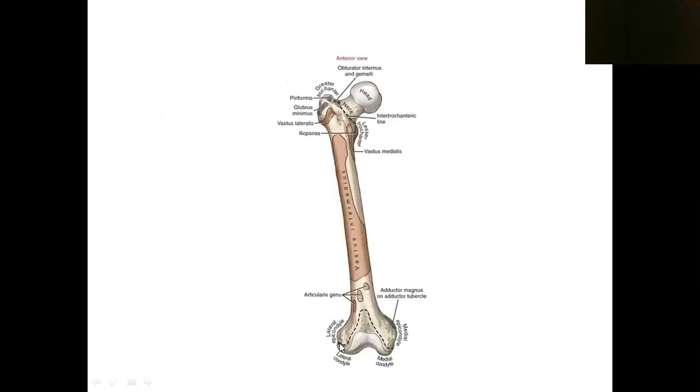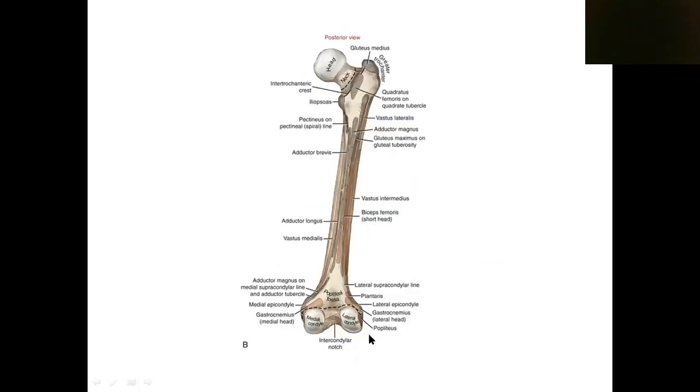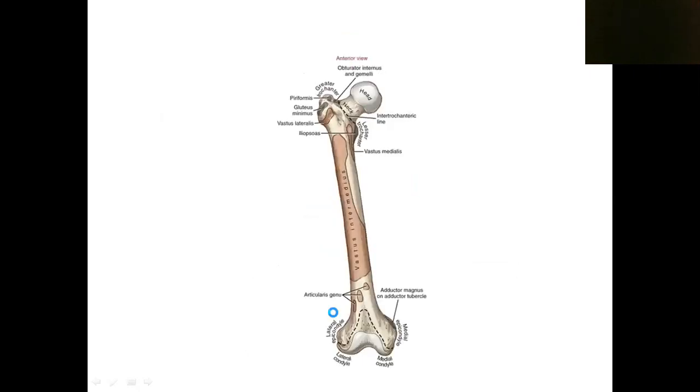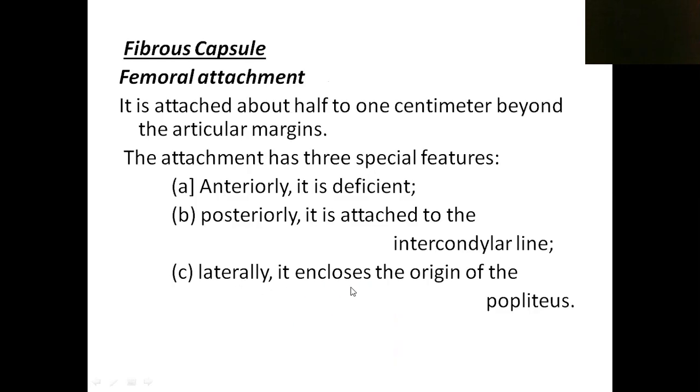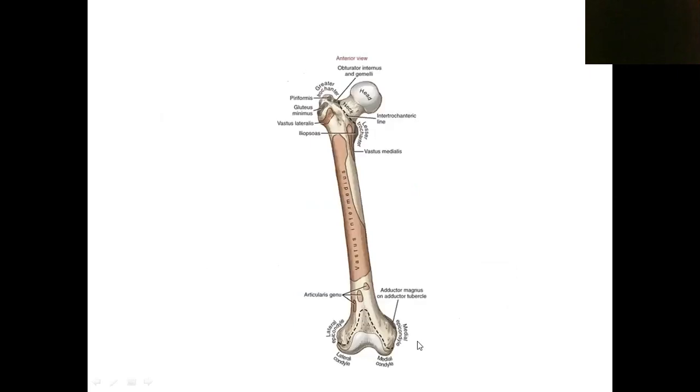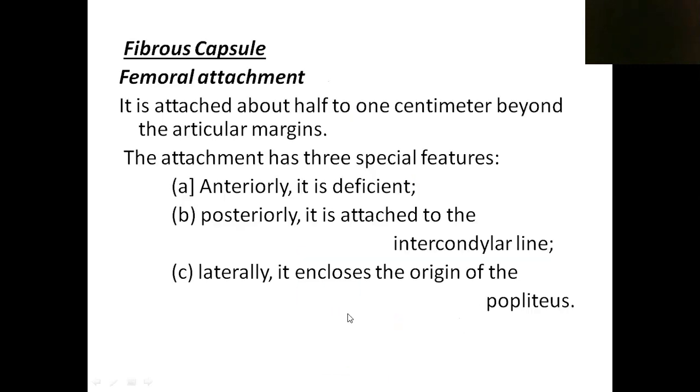See, on the lateral side, this is the attachment. If you move to the posterior aspect, it is attached to this intercondylar line. See this area. Then laterally, it encloses the origin of the popliteus. So here comes the origin of the popliteus. Those are some of the features of this fibrous capsule.